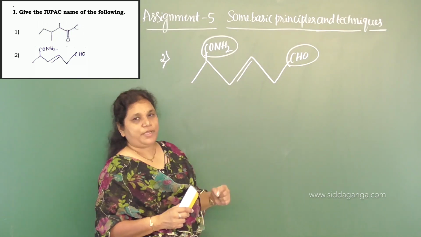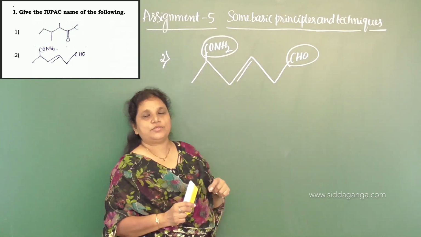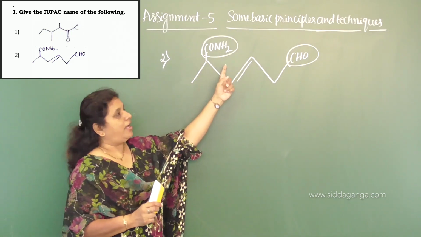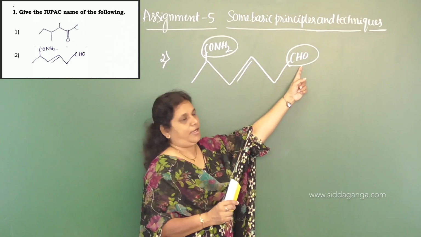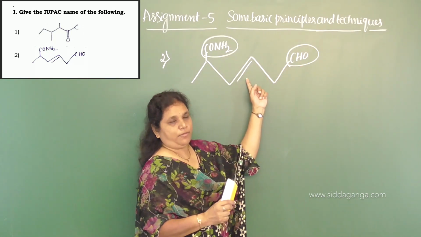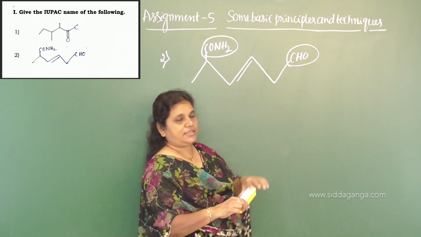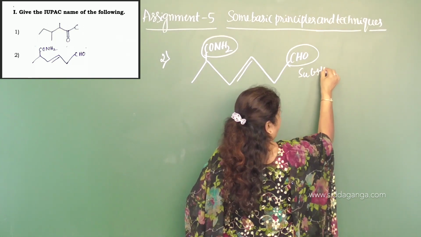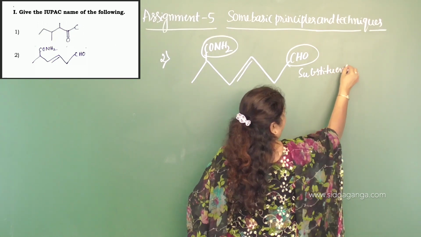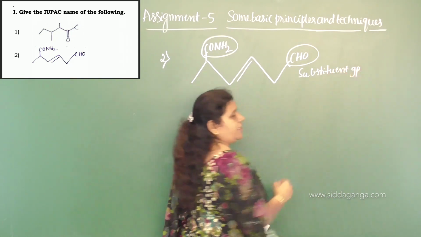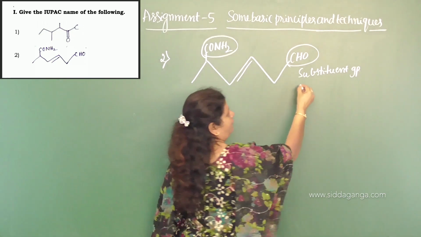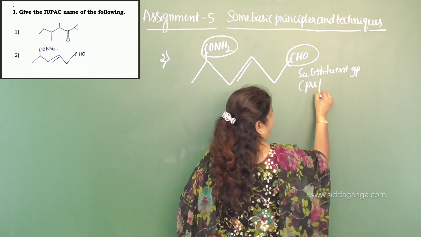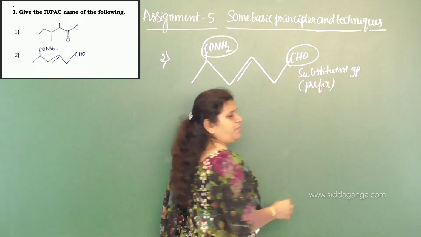On the basis of priority, high priority goes to the acid amide, then comes the aldehyde, and then the double bond. So we need to treat the aldehyde now as a substituent group, and for this we need to take the prefix.